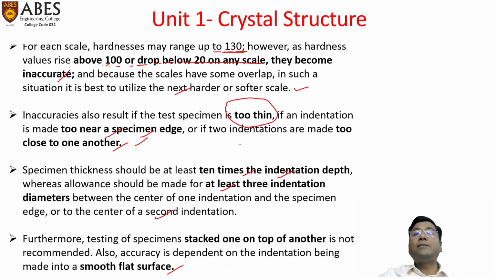Then the reading would be more proper and more accurate. And also, if the value is coming more than 100, you have to upgrade to the next scale, or if the value is below 20, we should scale down to one lesser scale. These are the things that need to be considered while measuring hardness through Rockwell testing.